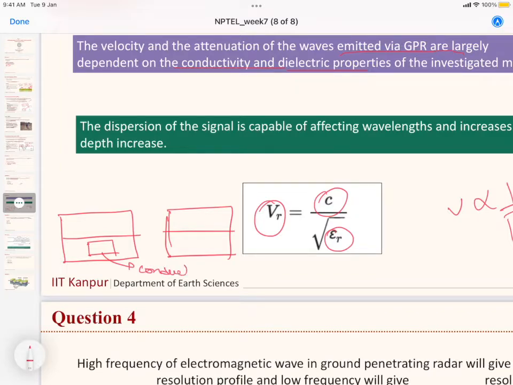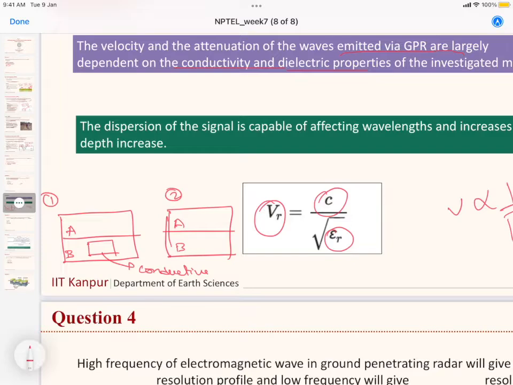Everything else is the same: this is a layer A and this is also a similar layer A, the next layer is B, and this is also a similar layer B. The difference in these two scenarios is that here we have a conductive body and here we don't.